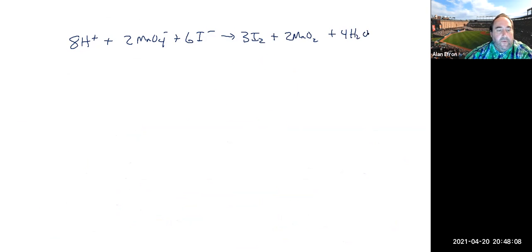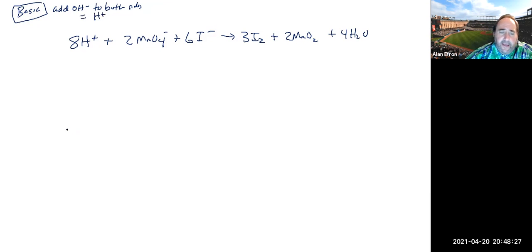All right. So remember at this point, we really were asked to do it in basic conditions. And the easiest way is to do the acidic like we just did. And now we want to add OH minus to both sides. And again, remember, it's going to be equal to the H pluses that we have.